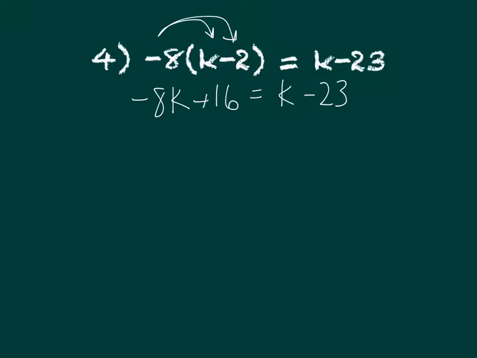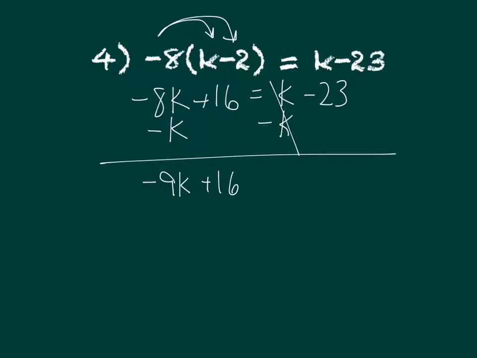Then I want to bring this k over to the other side. And because it's a positive k, I'm going to subtract k and subtract k. And those cancel each other out. And I have negative 9k plus 16 equals negative 23.